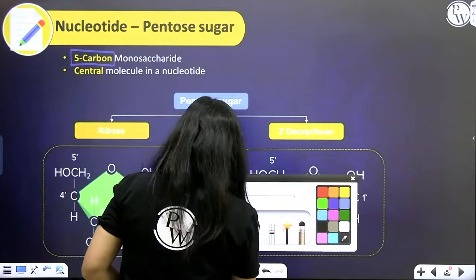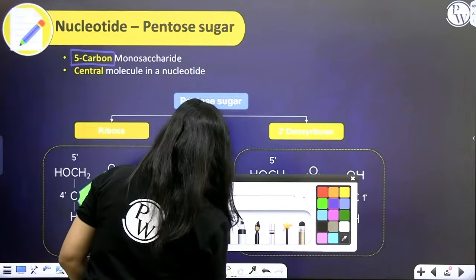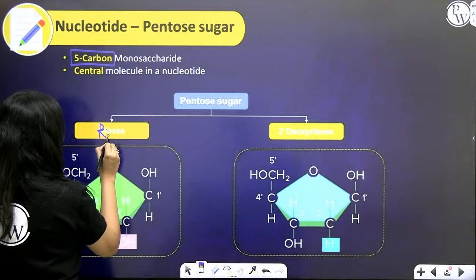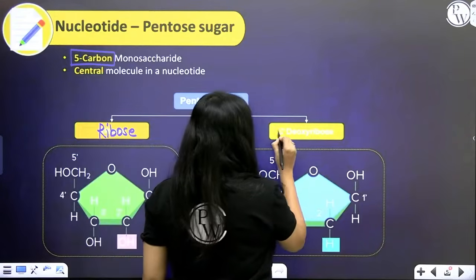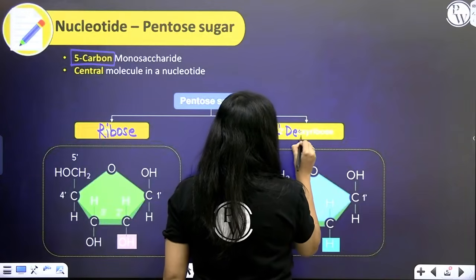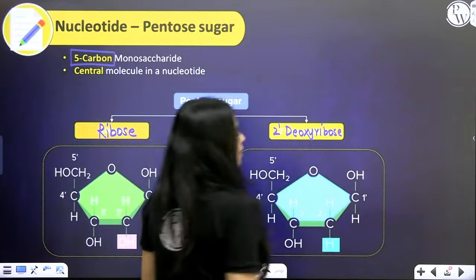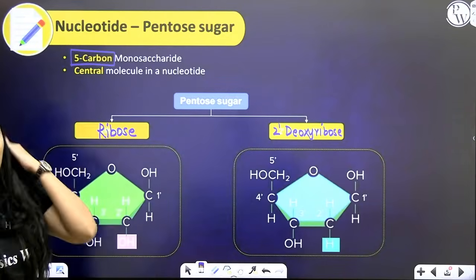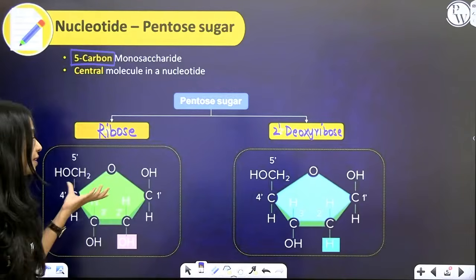In RNA, we call it ribose. And in DNA, we call it 2'-deoxyribose or simply deoxyribose.